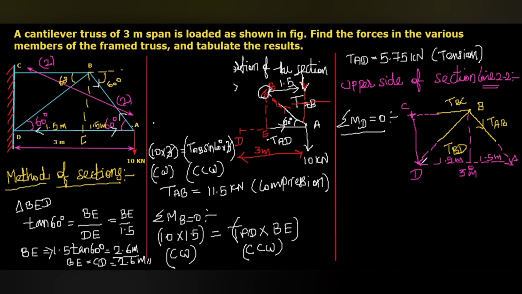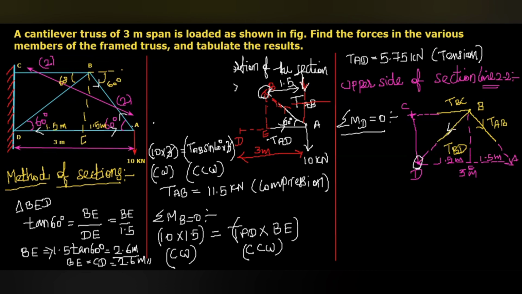When I take moment about the point D, first of all, this TBD may act inwards to the point B or outwards from the point B. But whatever, the line passes through the point D from where you are going to calculate the moment.